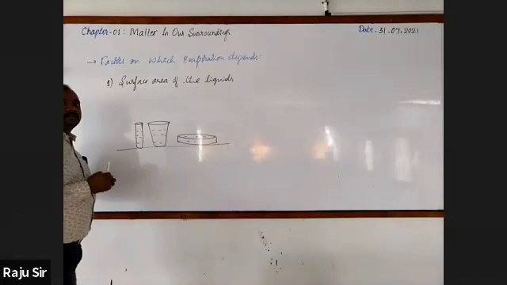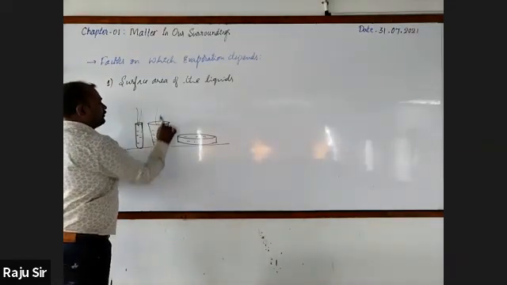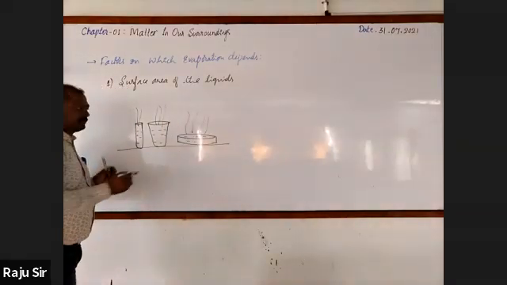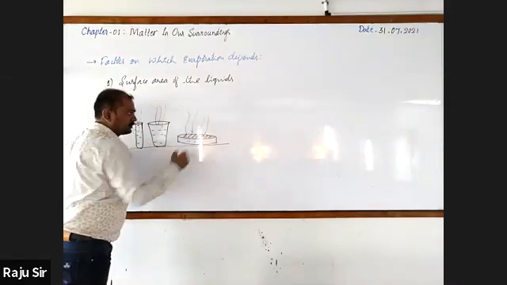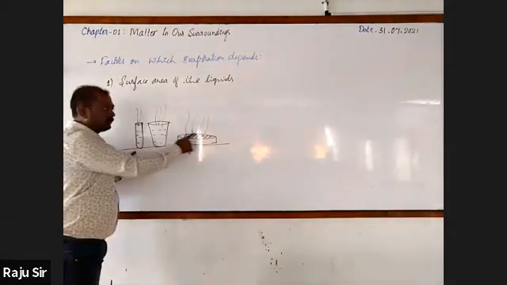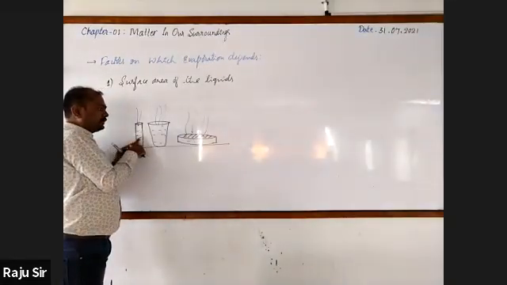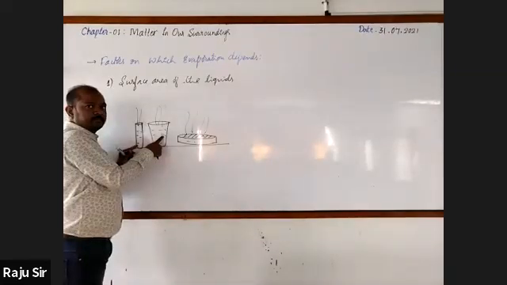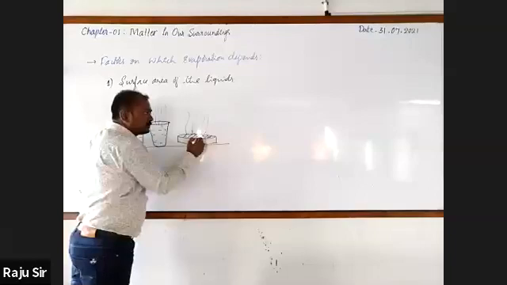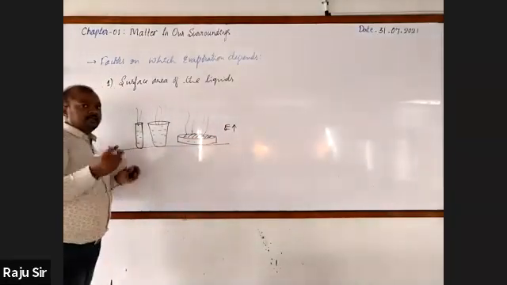In which of these does water get evaporated faster? In the plate. The free surface area of the liquid is more in the plate, compared with the test tube and the cup. Here, you said that the area is more, so the rate of evaporation is increasing.